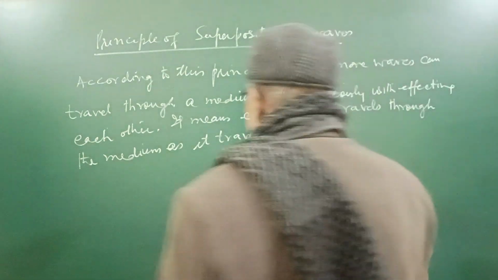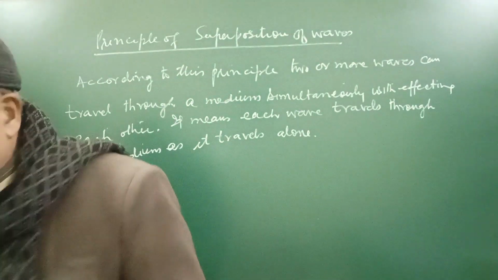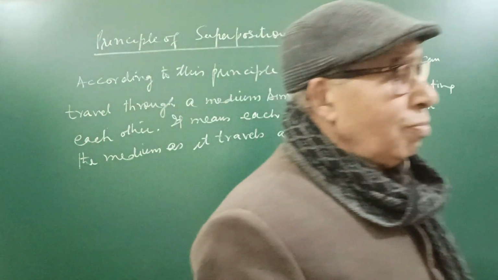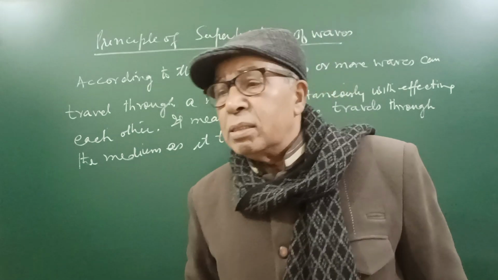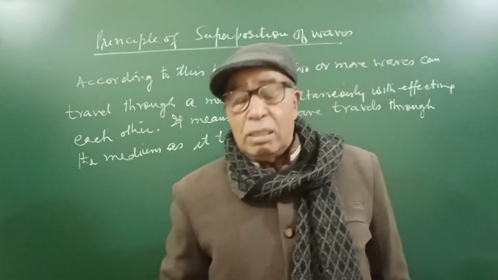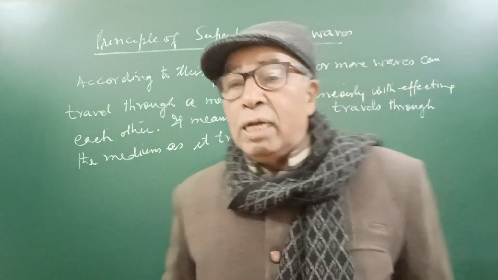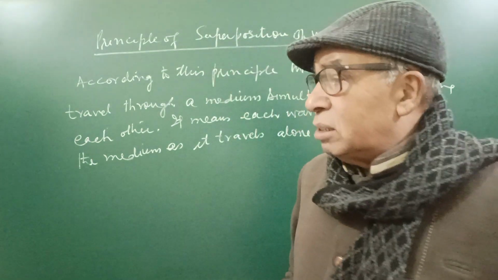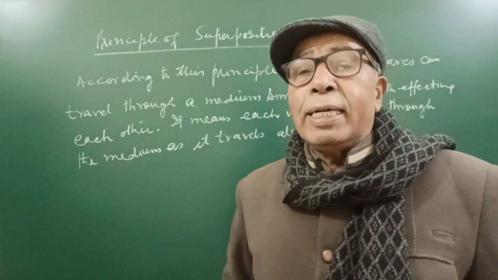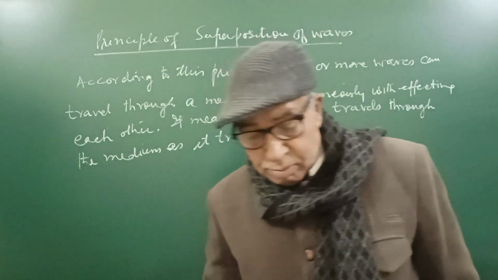But what will happen there? For example, you can understand. In an orchestra program, there are many sound organs. Singer is there, violin is there, harmonium is there, na? So many things. And you are getting sound of each, you are enjoying.